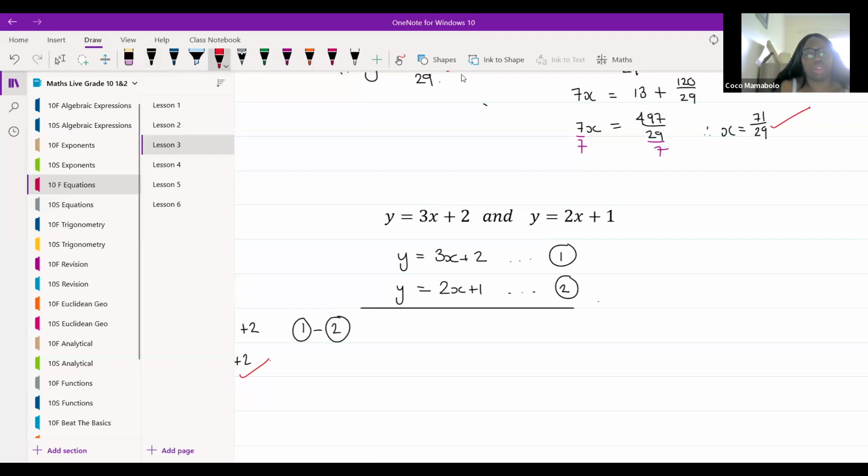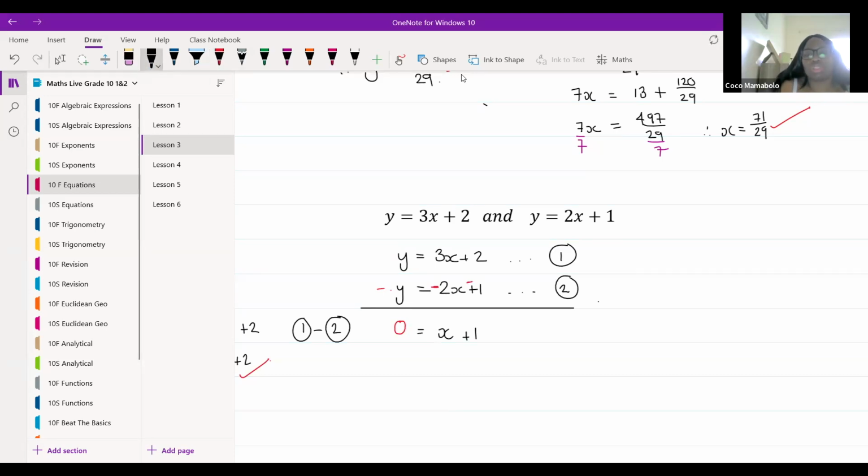Now, if we do the math there, y minus y is going to equal 0. And then I'm going to get an equals 3x minus 2x, which will give us x. And 2 minus a positive 1 will give me plus 1.